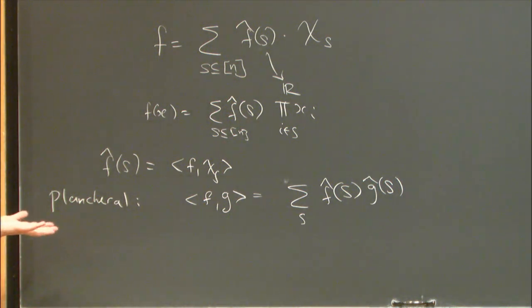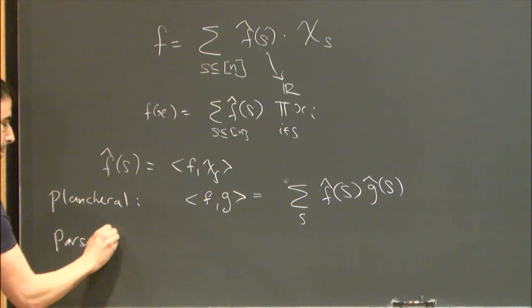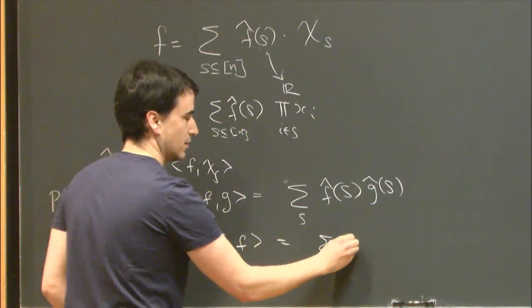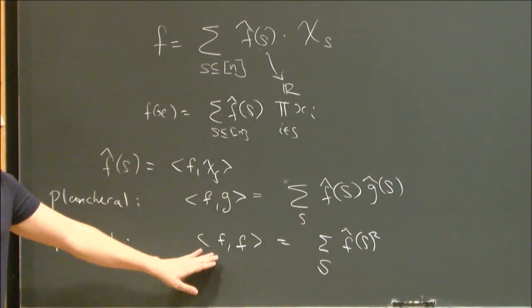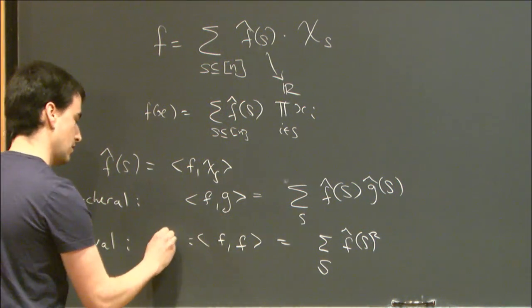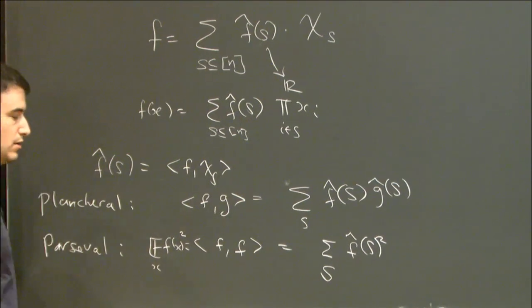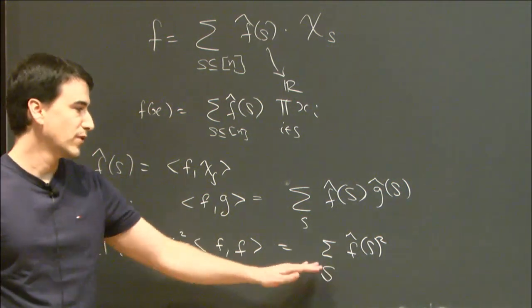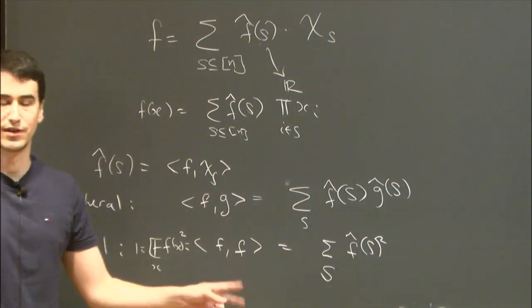The special case is when f equals g, in which the sum of squares equals this thing. And what is this? This is the expectation of f(x) squared, and in case f is Boolean, this is 1. So we get that the sum of squares is 1, and the correlation is the sum of products.